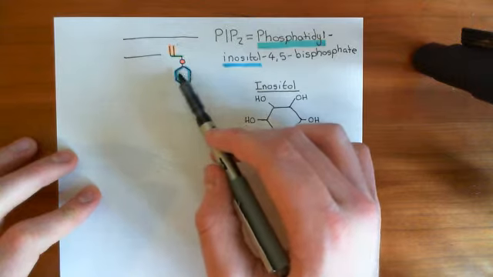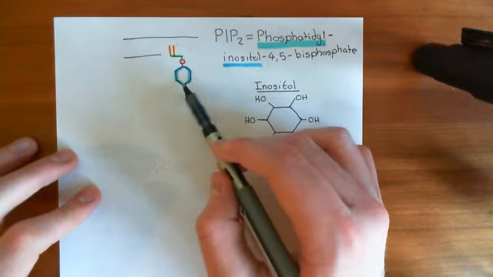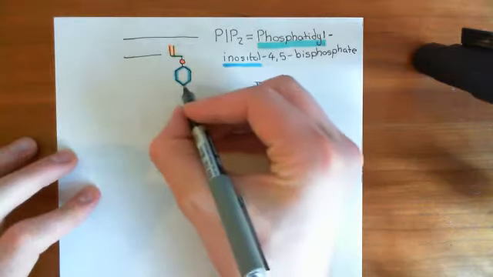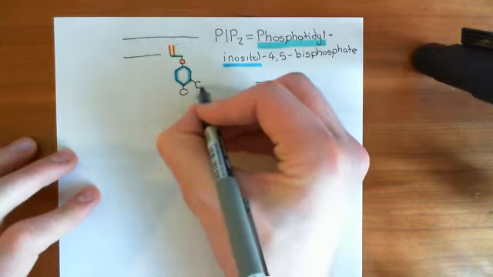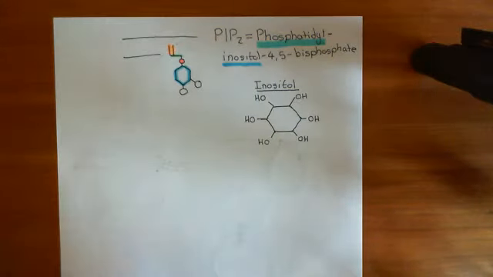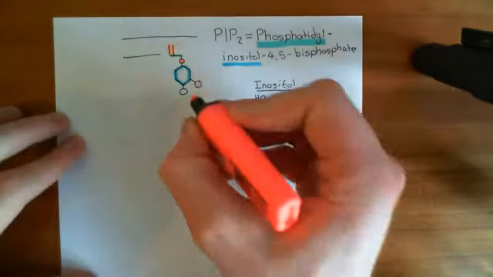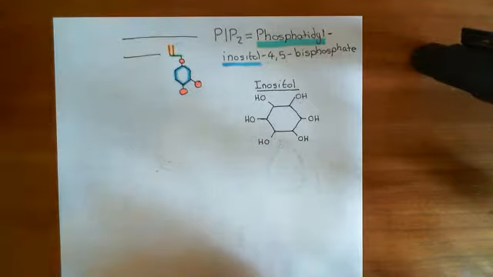Then you go around rotationally. So 1, 2, 3, 4. Oh, whoops, there's 4. And let's stick a phosphate group onto it. 5, let's stick a phosphate group there, and then 6 up here. Right, so that now is phosphatidyl inositol 4,5-bisphosphate. Okay, right.